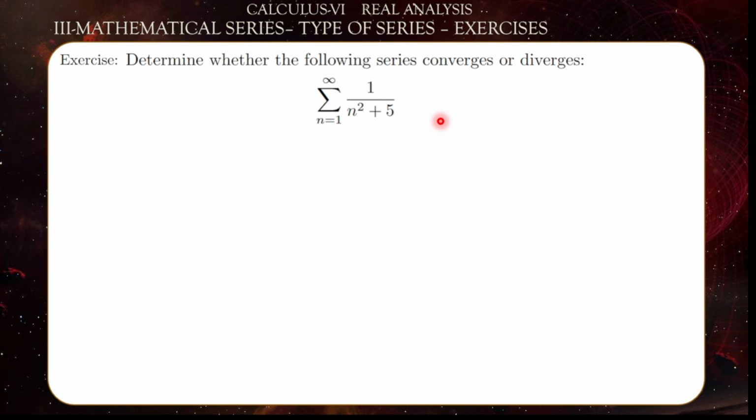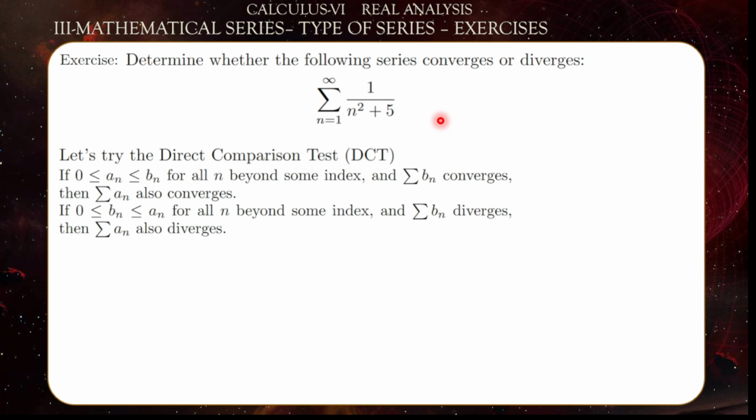So let us check the solution. Let us try the direct comparison test, DCT. Just as a reminder, if 0 is less than or equal to a_n, less than or equal to b_n, or in other words, a_n is less than or equal to b_n for all n beyond some index, and sigma b_n converges, then sigma a_n also converges.